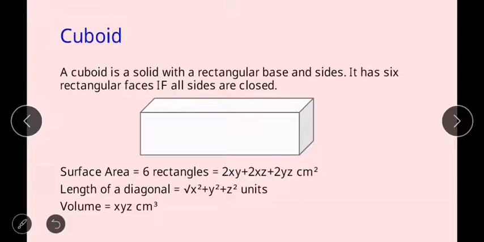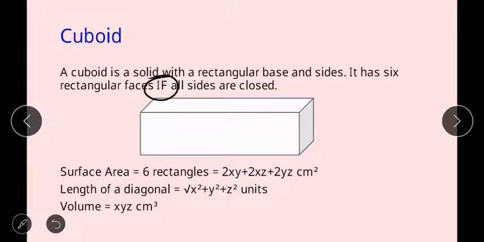But in this case, the faces are rectangular. Okay? They are rectangular. And then it is only 6 if all sides of the shape are closed. The moment you open your Indomie carton and the top face is opened, we can't call it a complete cuboid again.